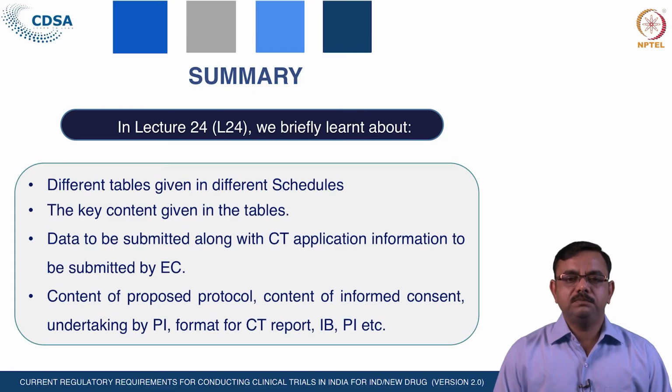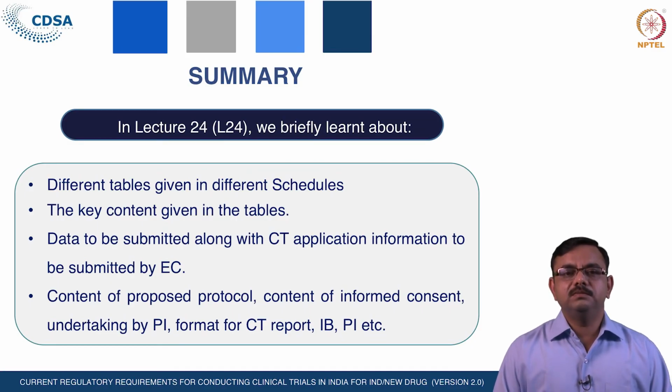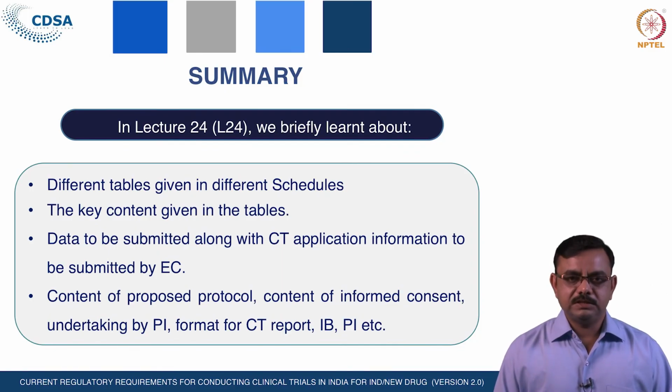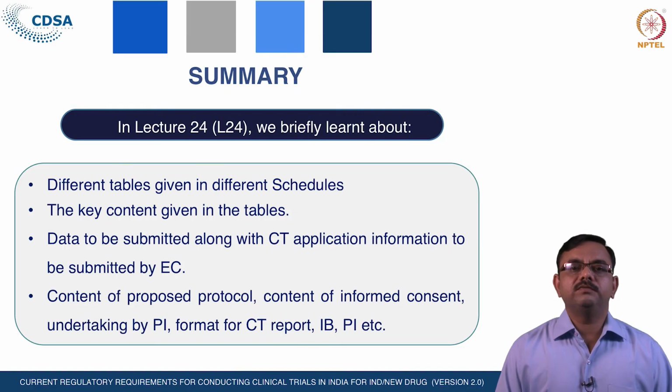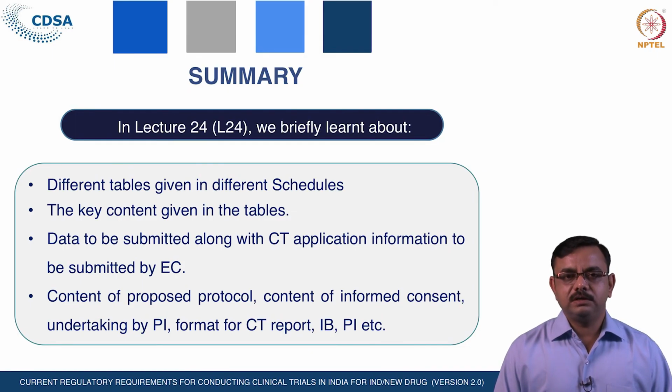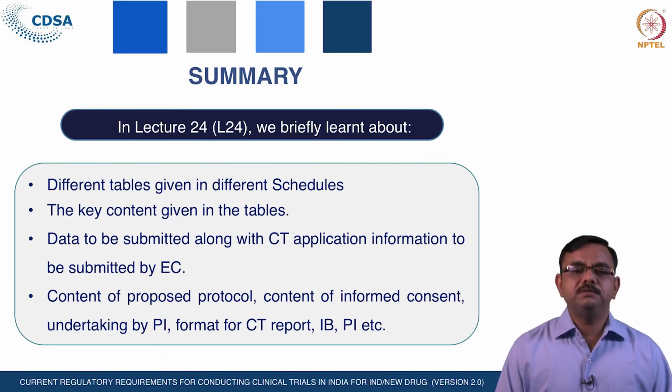Let us have a recap. What we have seen in this very lengthy lecture are the different tables given and the different requirements with respect to the application, with respect to the submission of data for the BA/BE study protocol, with respect to the BA/BE study center protocol, with respect to the conduct of a clinical trial for a new drug, conduct for a drug which is already approved, and with respect to the ethics committee.